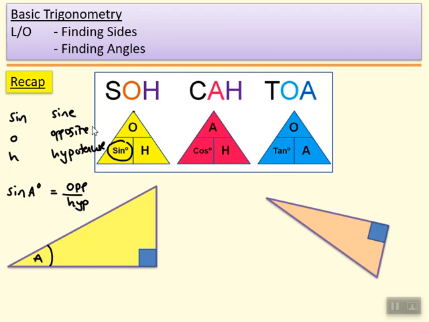So that's what this first triangle represents, and that's what these letters represent here. That sin is a button on your calculator that you're going to press.